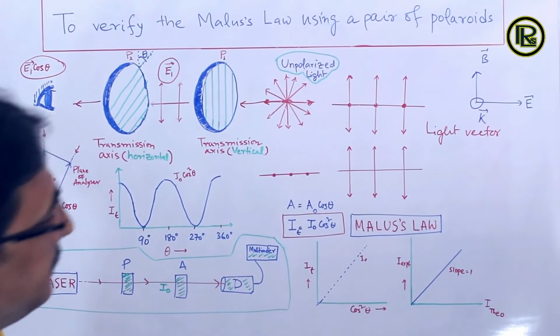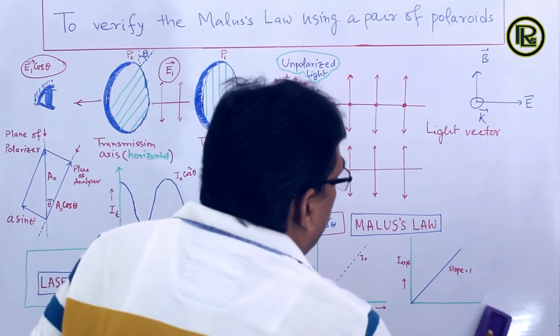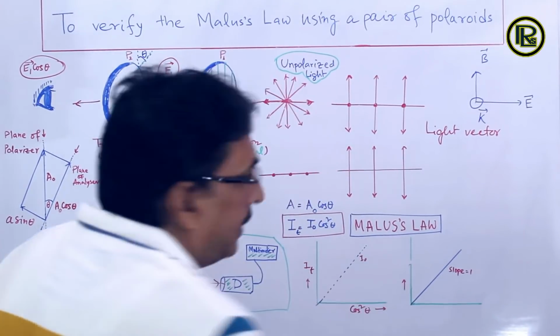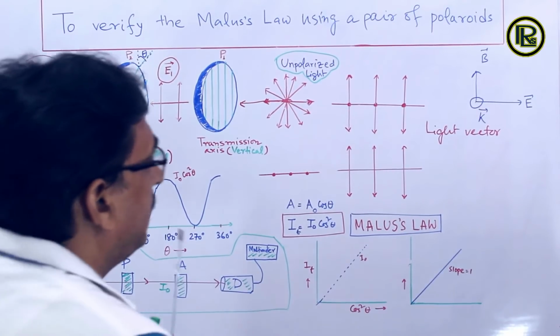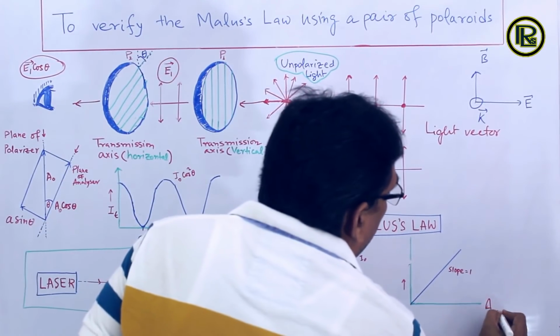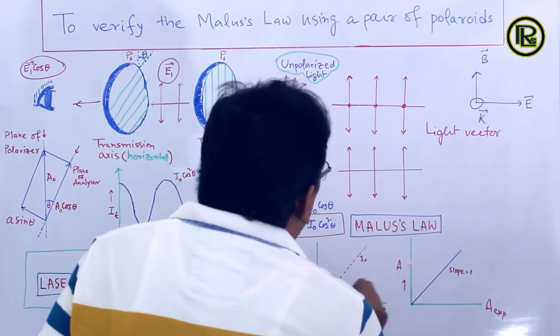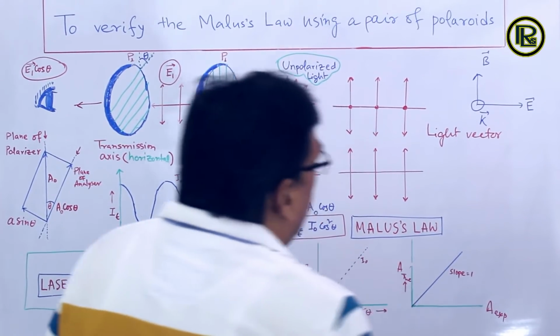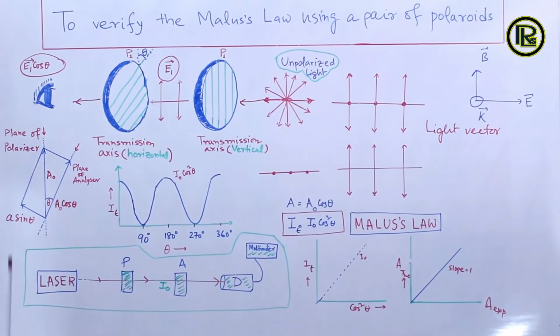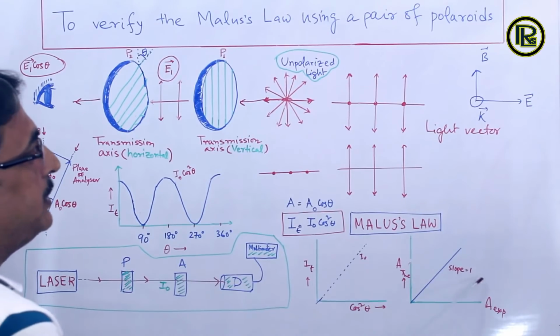Or we can have the experimentally obtained amplitude and the theoretically obtained amplitude. That will also give a straight line graph like this, passing through the origin and having slope 1.